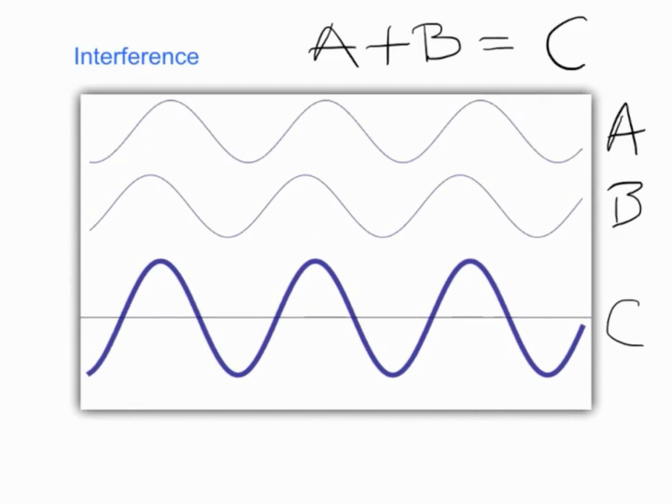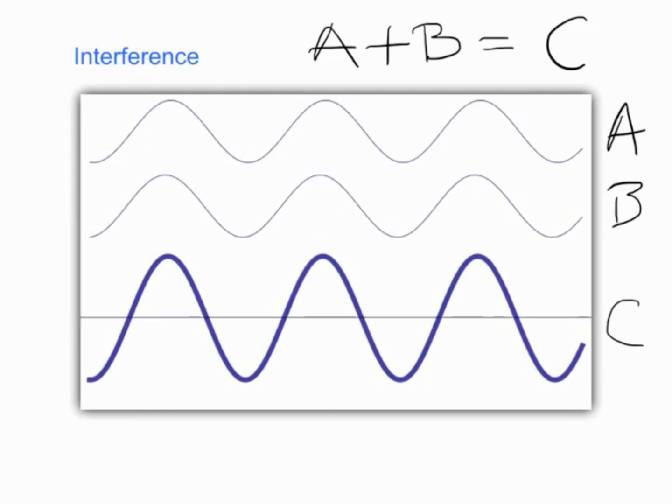Now, the opposite can occur when crest meets crest and trough meets trough. And notice when that happens, you're going to get the opposite effect, and that is that A and B reinforce each other to make a bigger wave C.